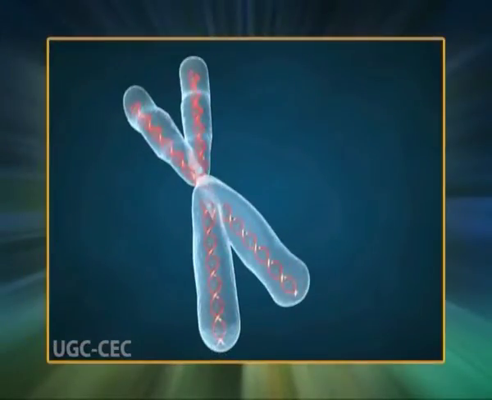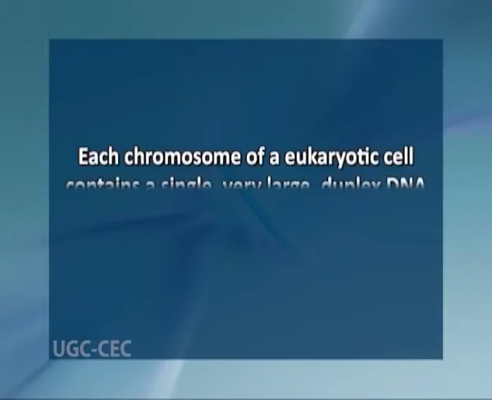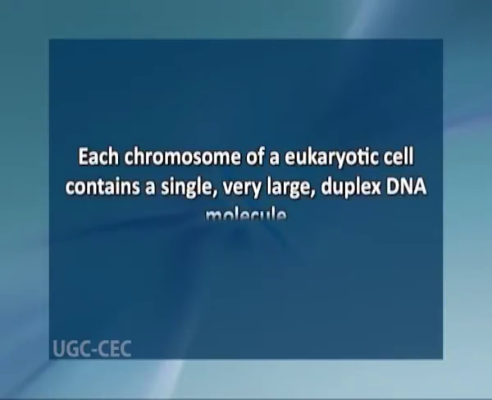The genetic material of eukaryotic cells is apportioned into chromosomes, the diploid 2n number depending on the species. A human somatic cell, for example, has 46 chromosomes. Each chromosome of a eukaryotic cell contains a single, very large duplex DNA molecule.